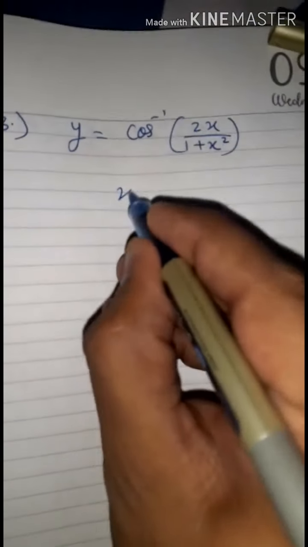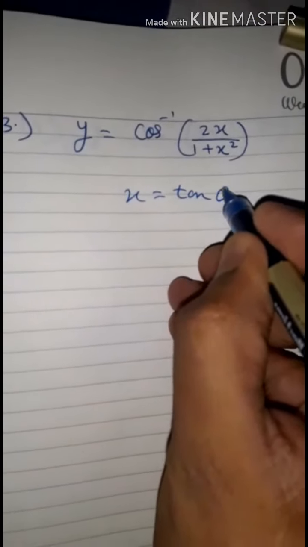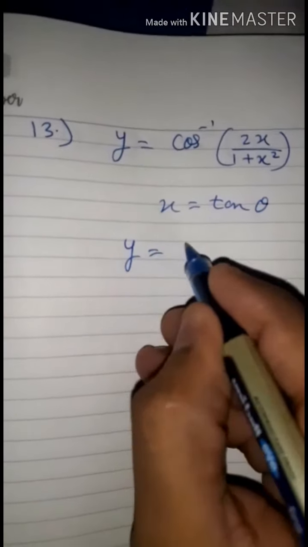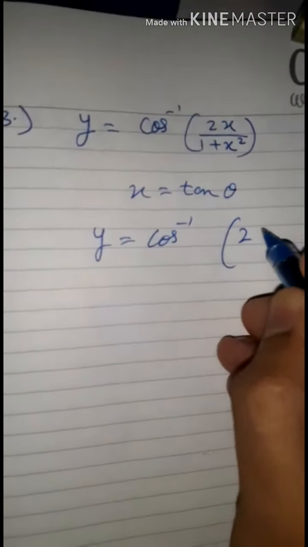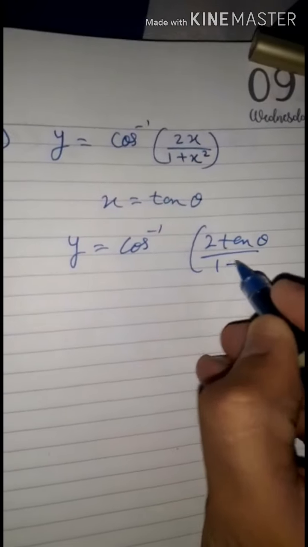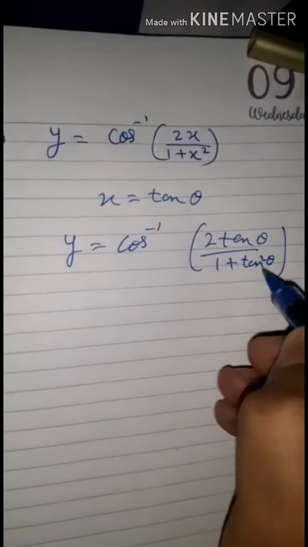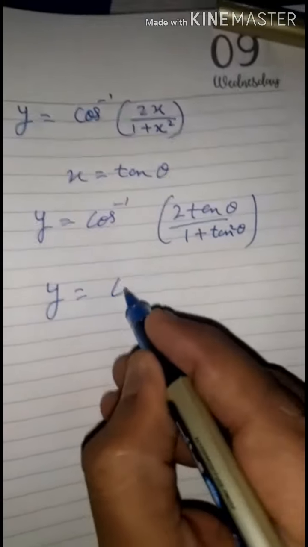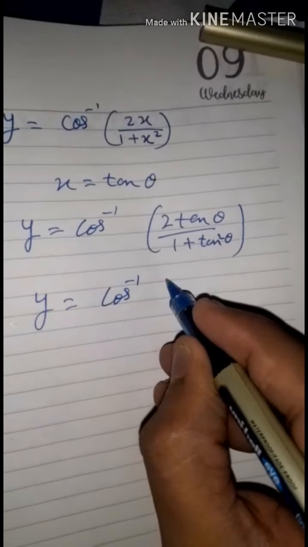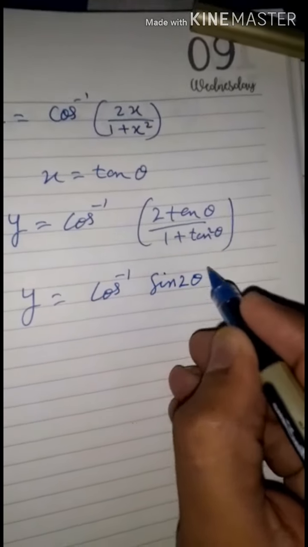Now in question number 13, again we will put x is equal to tan of theta. Now y is equal to cos inverse 2 tan theta upon 1 plus tan square theta. Here same concept is there. We know its value is equal to sin 2 theta. No problem.